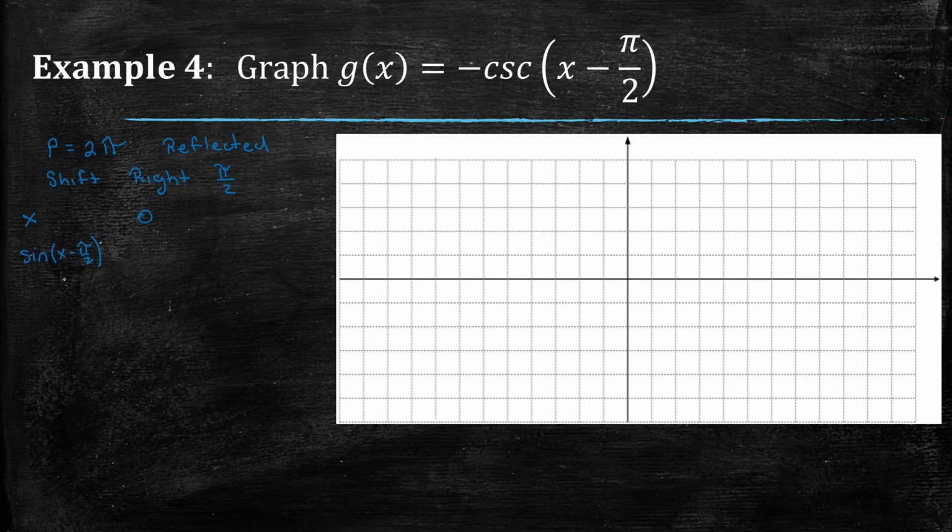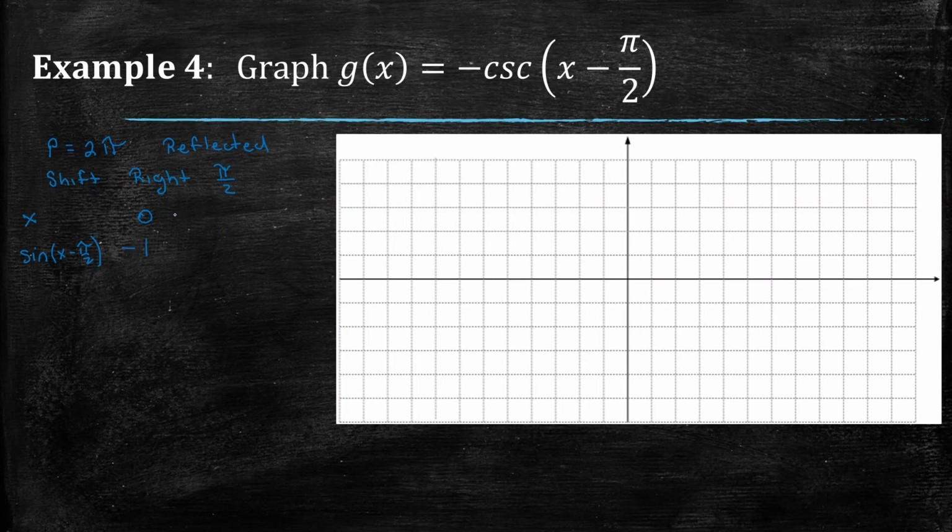So sine of 0 minus pi over 2, right? So sine of negative pi over 2 is going to be negative 1.